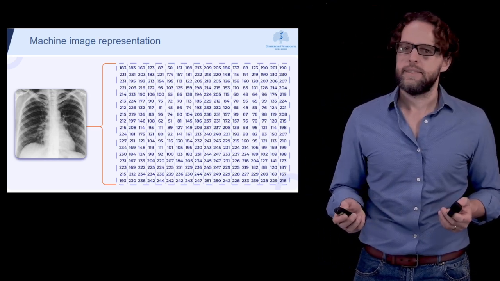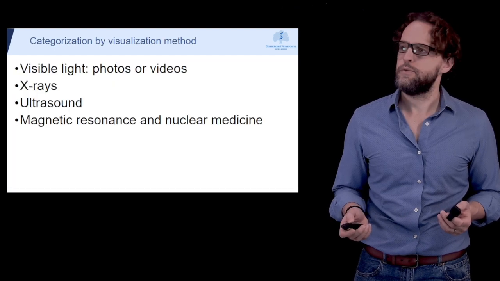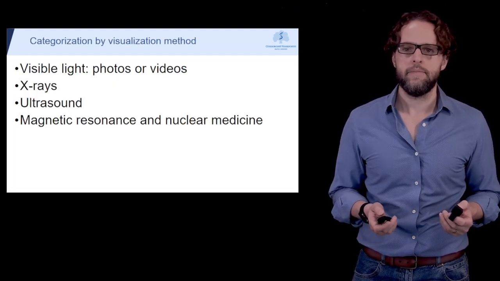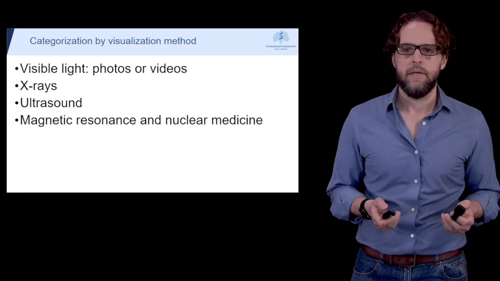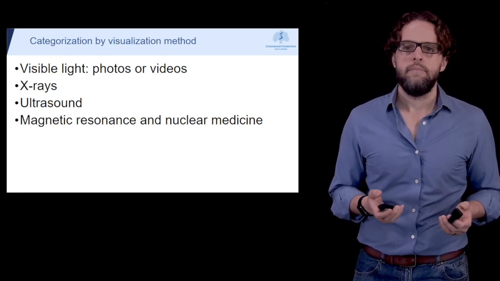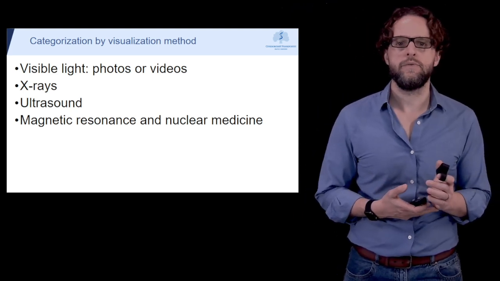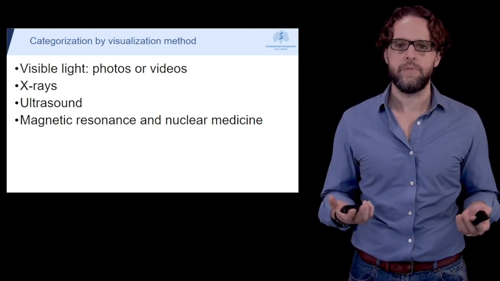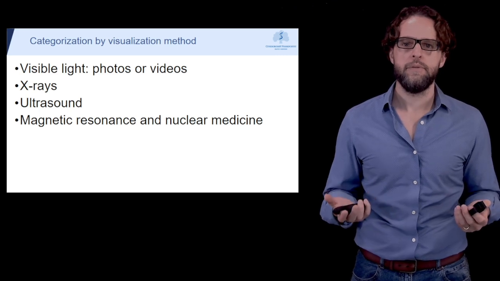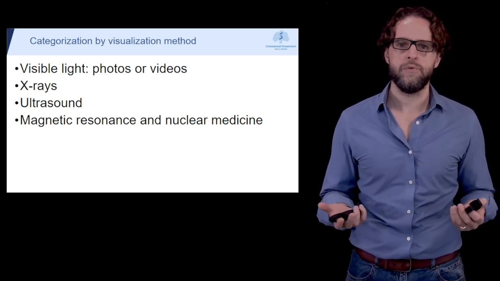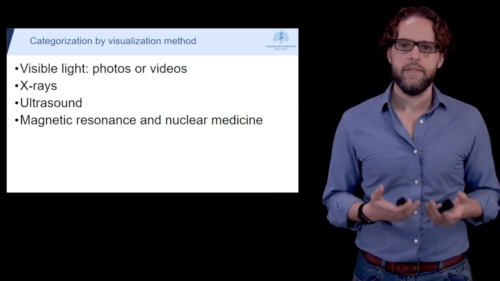Also, there are several ways to categorize medical images. It could be done by method of visualization, usually depending on the type of physical energy being used. Visible light will produce photos or videos.